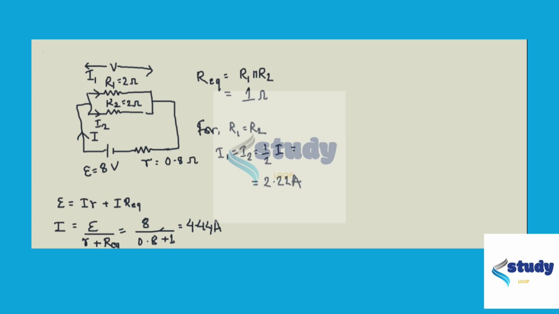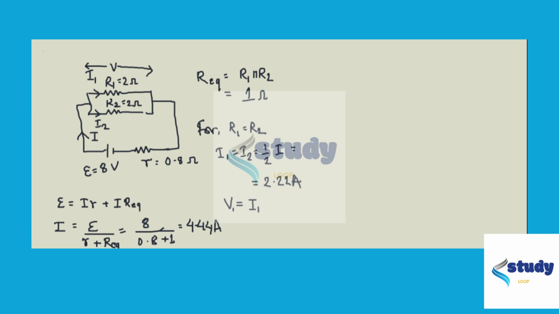Now what else? The potential difference across each bulb. It is very easy. The potential difference across each bulb is the same because they are in parallel. You can use either I1R or I2R, it is the same, or you can use I into R equivalent.